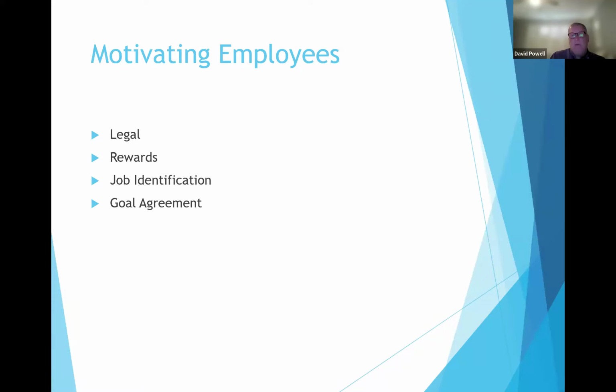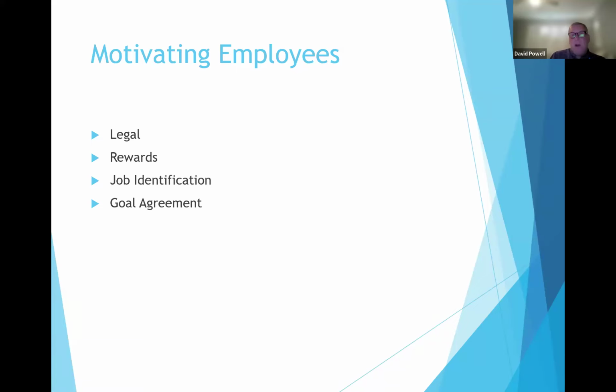Goal congruence is one of the basic elements of motivating employees. The more that the goals of the individual are in agreement and are congruent with the goals of the organization, the more likely you are going to have a highly motivated and well-performing group of employees. So how well can we find that nexus between individual goals and organizational goals? The better we can find that nexus, the better we can then motivate our employees.